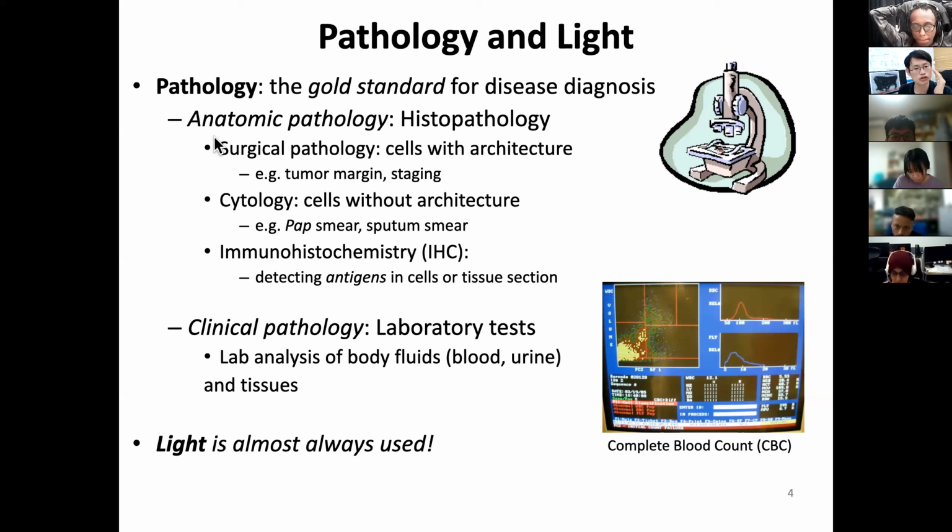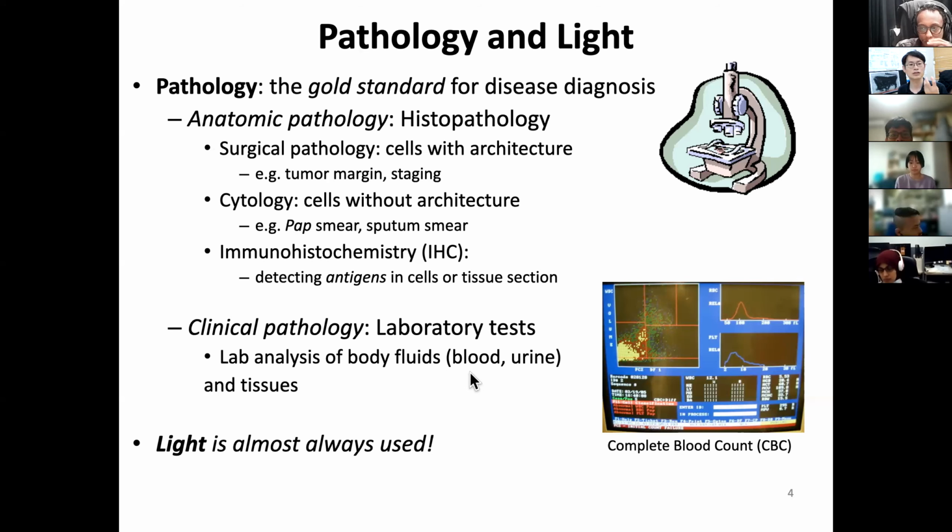That's based on the shape of the cell or tissue architecture, which we call anatomical. On the other hand, you can just collect the blood from the patient and do the pathology. That's called clinical and laboratory tests, analyzing body fluids such as blood, urine, and tissue. One example, on the right side, is the CBC, or complete blood count.